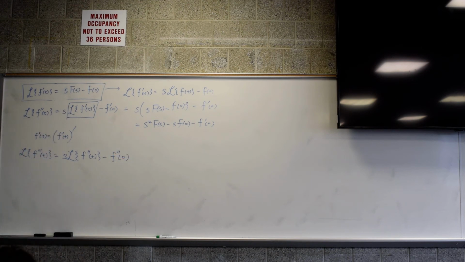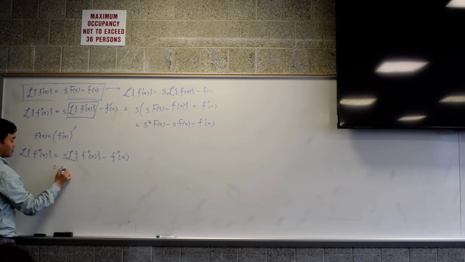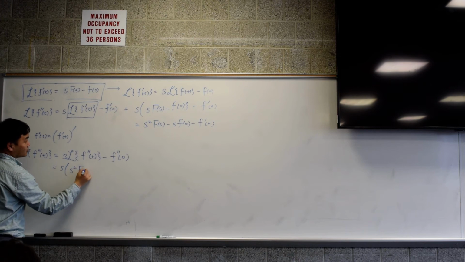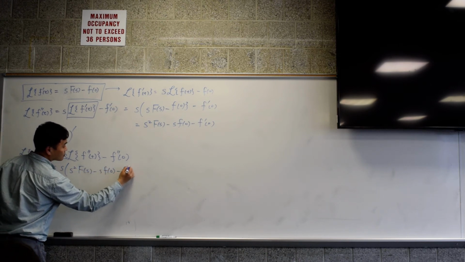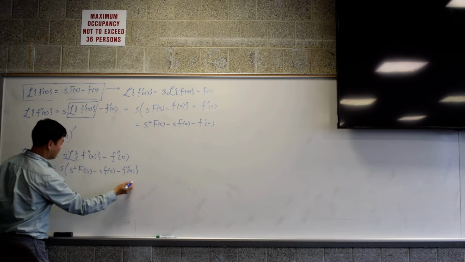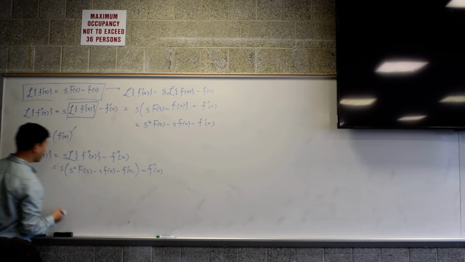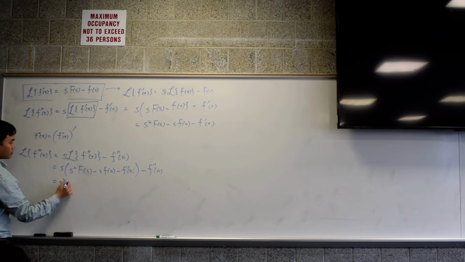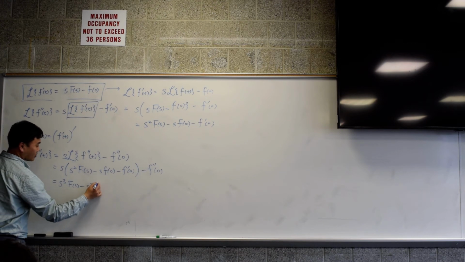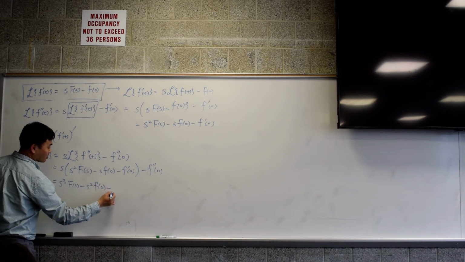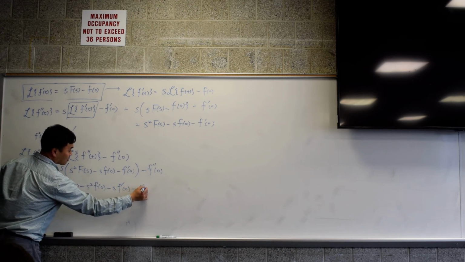But what is this? I found it here, right? So we get s cubed F of s minus s squared f of 0 minus s times f prime of 0 minus f double prime of 0.